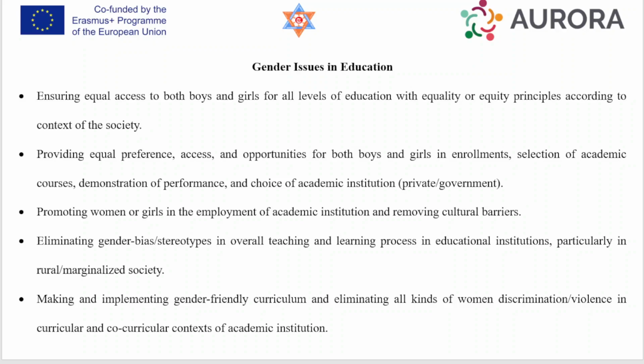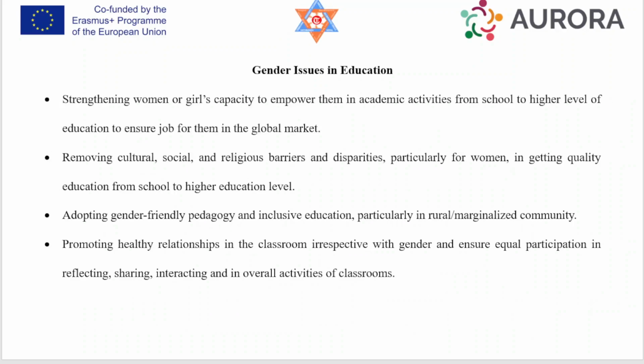This ensures that educational content is inclusive and free from any form of discrimination or violence against women, fostering a supportive and empowering learning environment. The next one is building capacity for academic empowerment.